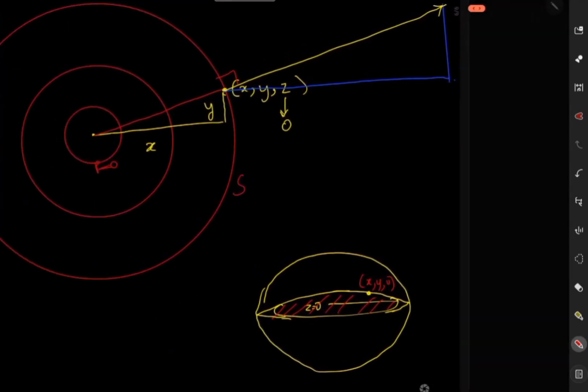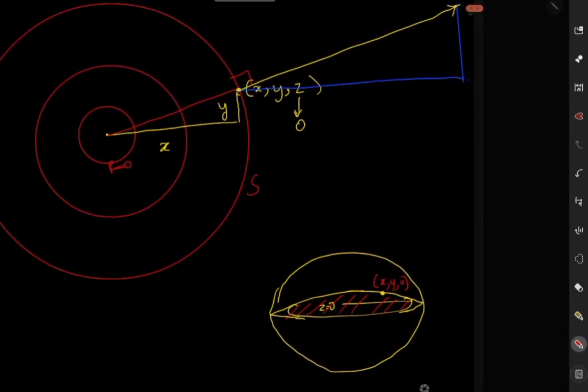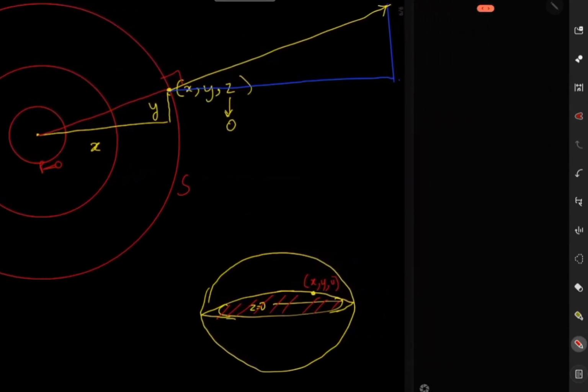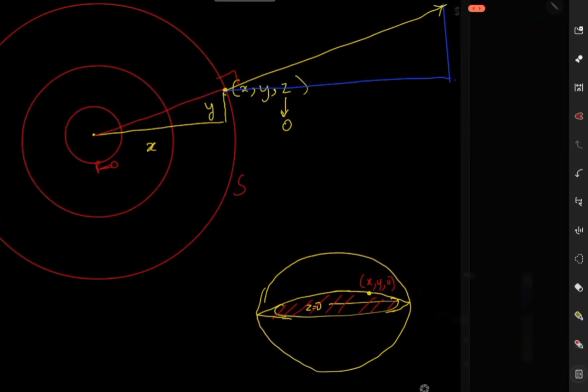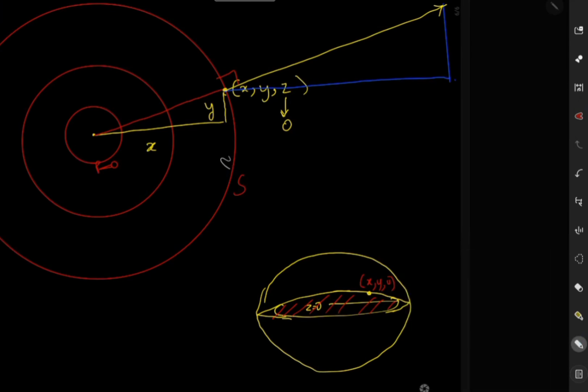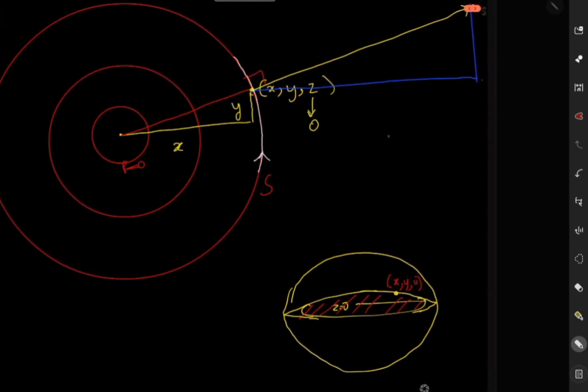So let's take this surface level S. If we are moving on this surface level, then what will be the change in dp?